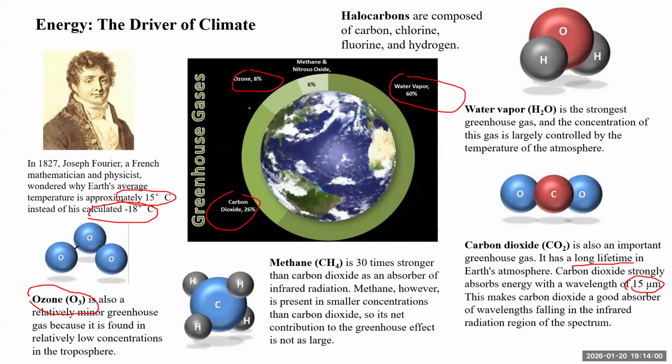Okay, the halocarbons are composed of carbon, chlorine, fluorine, and hydrogen, etc. So now we understand. Although we mainly talk about carbon dioxide, sometimes we still have to be alert to water vapor, methane, and also the halocarbons, because halocarbons are usually released from our air conditioning and refrigeration systems.